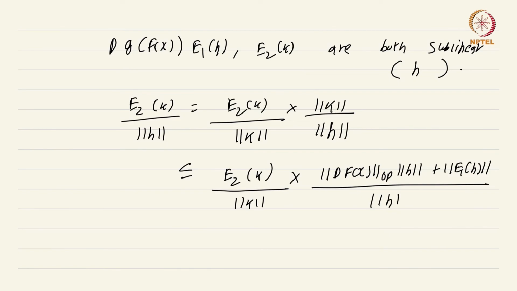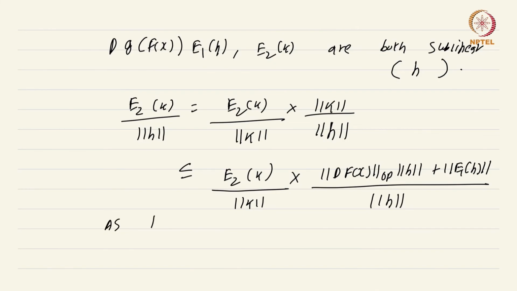I have just expanded out what norm k is, which is f of x plus h minus f of x, which I am just expanding out by the definition of the derivative and then doing some basic properties like the triangle inequality and the basic properties of the operator norm.